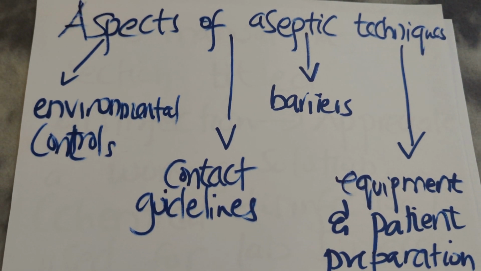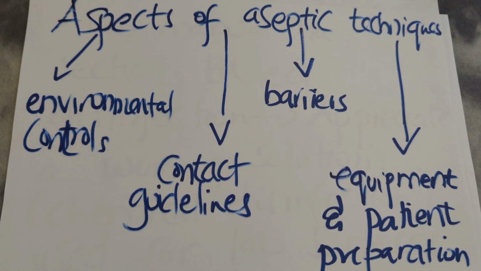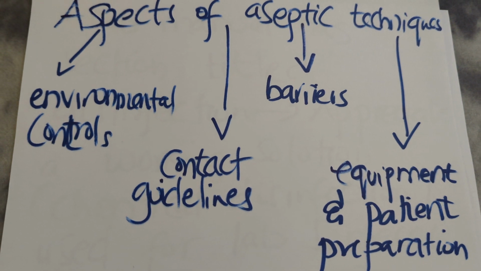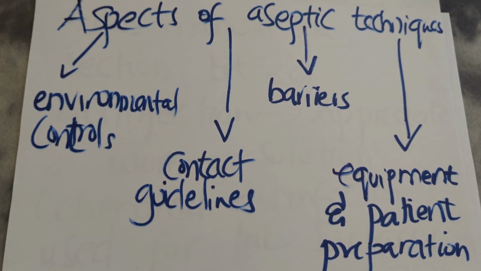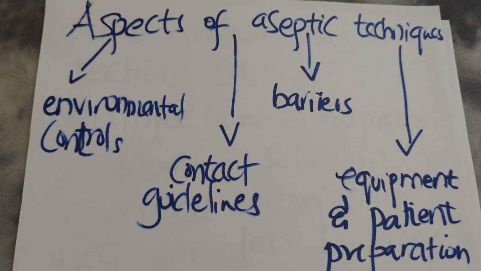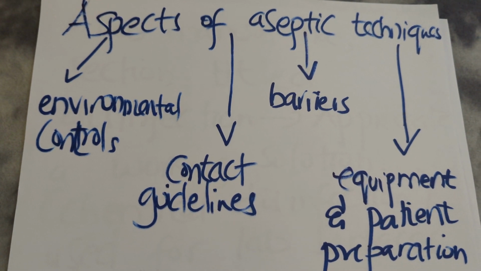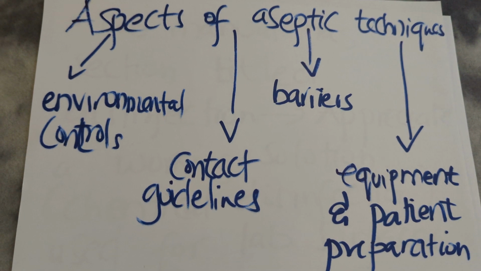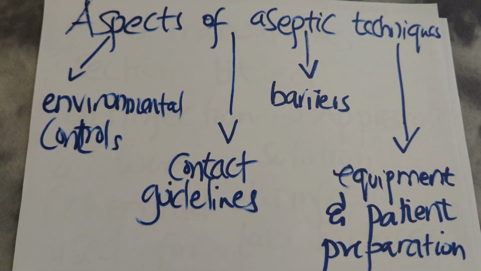These are aspects that you will come across in your day-to-day clinical life. Now that we know this, this is how we put the collection of these methods together to make aseptic techniques.